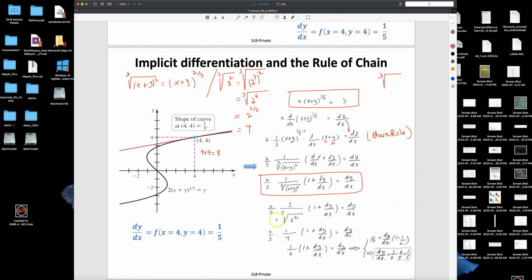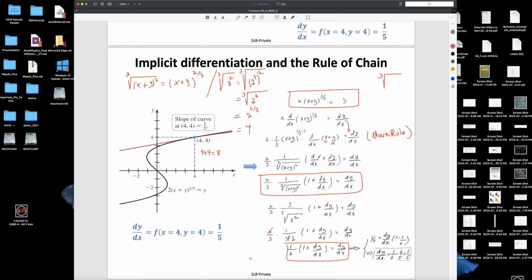Then I have 2/3 times 1/4. I can simplify this 2, and then I'm going to have 1 over 6. Then 1 plus the derivative of y with respect to the variable x is equal to the derivative of y with respect to the variable x, so I have this expression. What am I going to do?